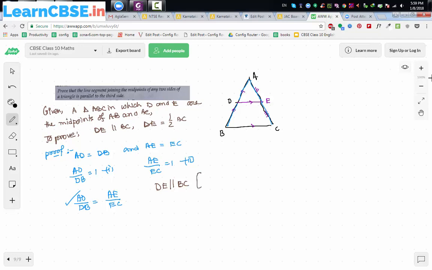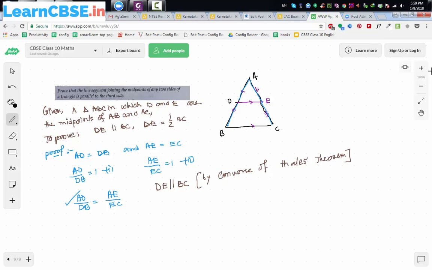So by the converse of the Thales theorem, DE is parallel to BC.